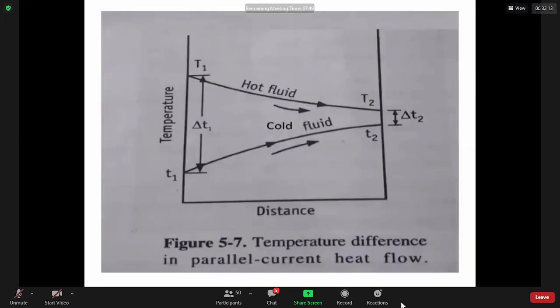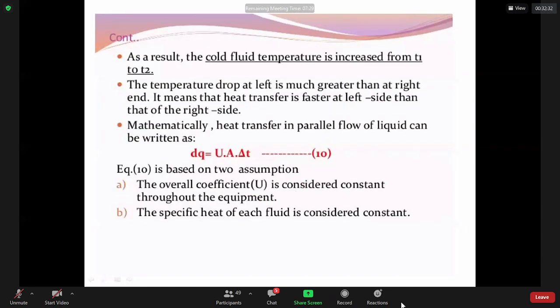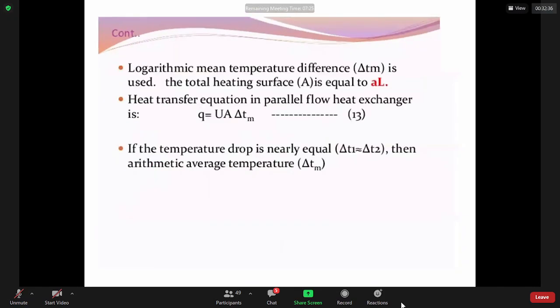So that one is the temperature difference when the hot and cold fluids are flowing in the same direction. You can see that the hot fluid is coming in while the cold fluid is also coming in, so they are flowing in the same direction. And the calculations involved are well illustrated.